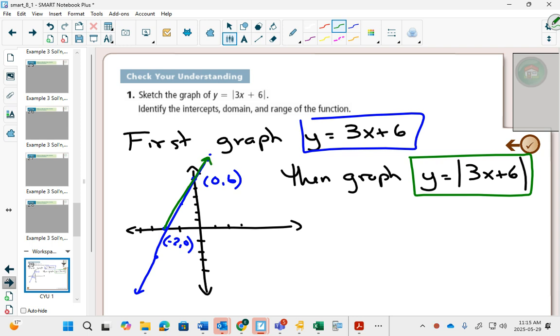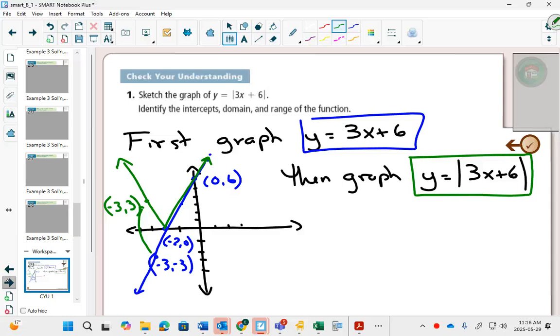But wherever my y values were negative, for example, at this point here, I have -3 on my blue graph, I'm going to get +3 on my green graph. So notice the x value doesn't become positive. It's just your y values that become positive, and it would flip this part up over the x-axis.